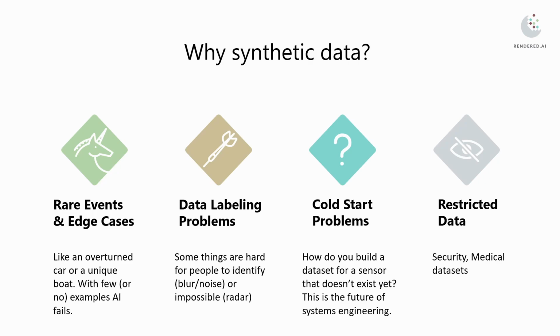But as you start to push towards the edge of the signal to noise in an image, or if you're working with a different type of sensor like radar, that might not be possible at all. And even when it is possible, data labeling is often not only very expensive, but is one of the steps of the process that's most prone to error.